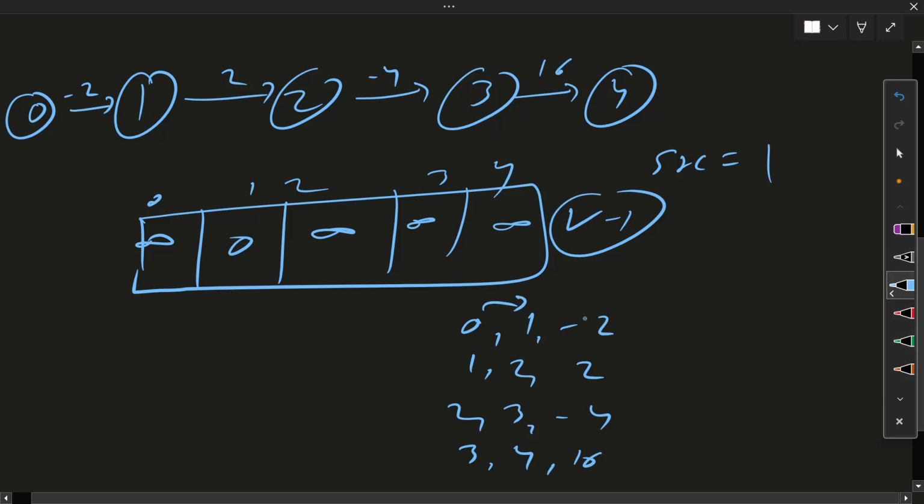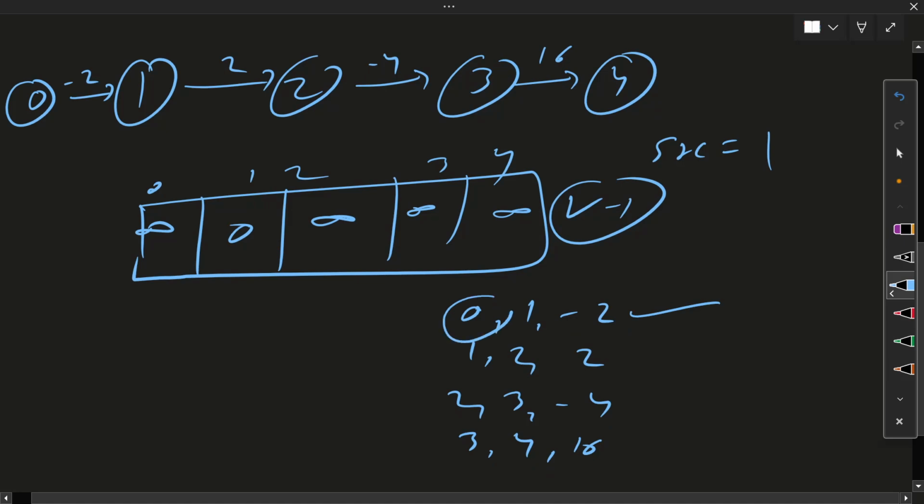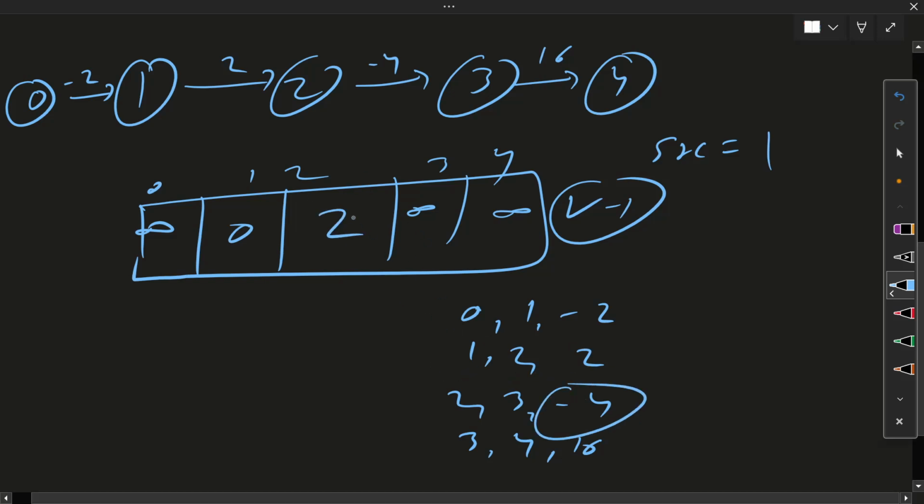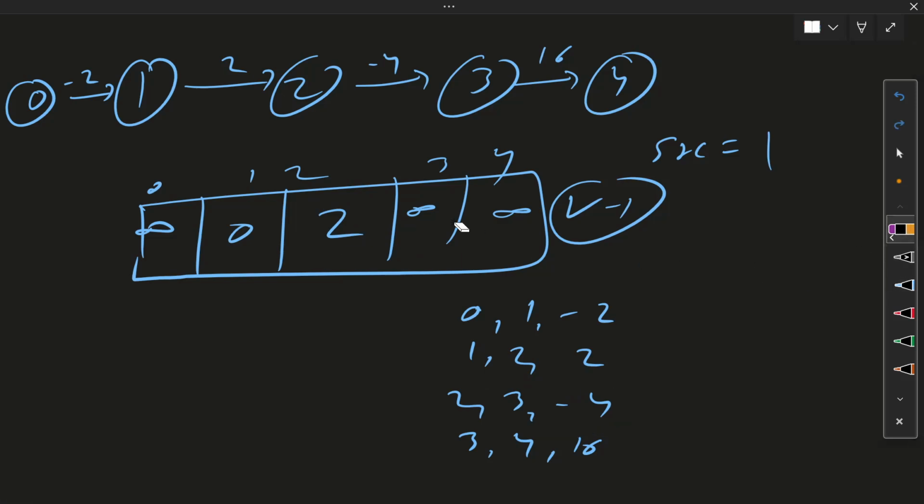So then we got this, it will not change because we have not reached 0. Then we have 1 to 2, so it will change. Sorry, 1 to 2 the value will be 2, then 2 to 3 the value will be minus 4 plus 2, which is minus 2.